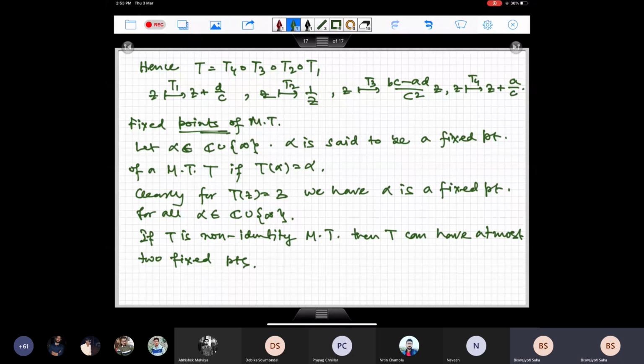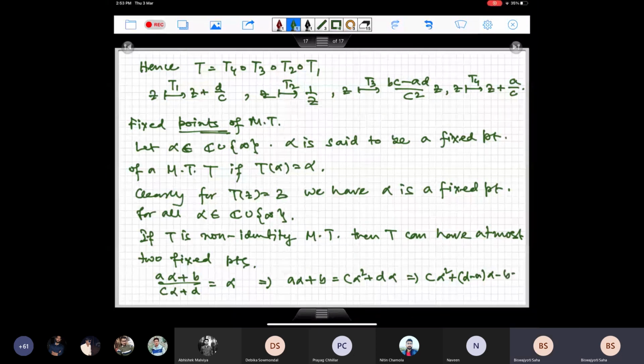That is for a very simple reason, right? Because I can take, for example, A alpha plus B divided by C alpha plus D, and this needs to be equal to alpha. So that implies A alpha plus B equals C alpha squared plus D alpha. Therefore I have C alpha squared plus (D minus A) alpha minus B equal to 0.